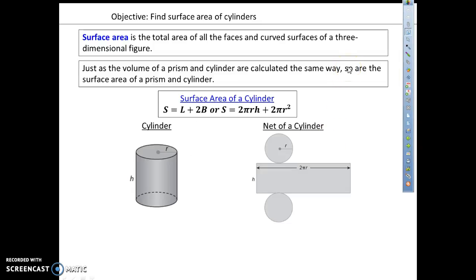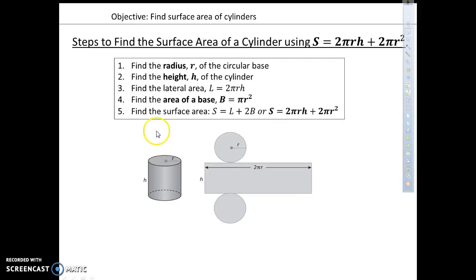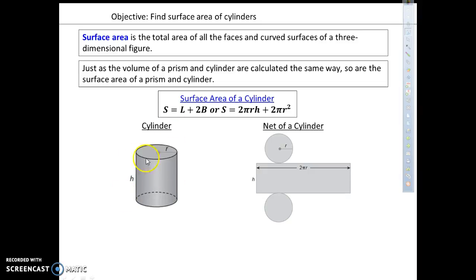So remember, our objective for this lesson is to find the surface area of cylinders. Remember, surface area is the total area of all of the faces and curved surfaces of a three-dimensional figure. So just as if this were a can or a trash can or some other cylindrical shape, the surface area would be the amount of area on the outside of a cylinder.